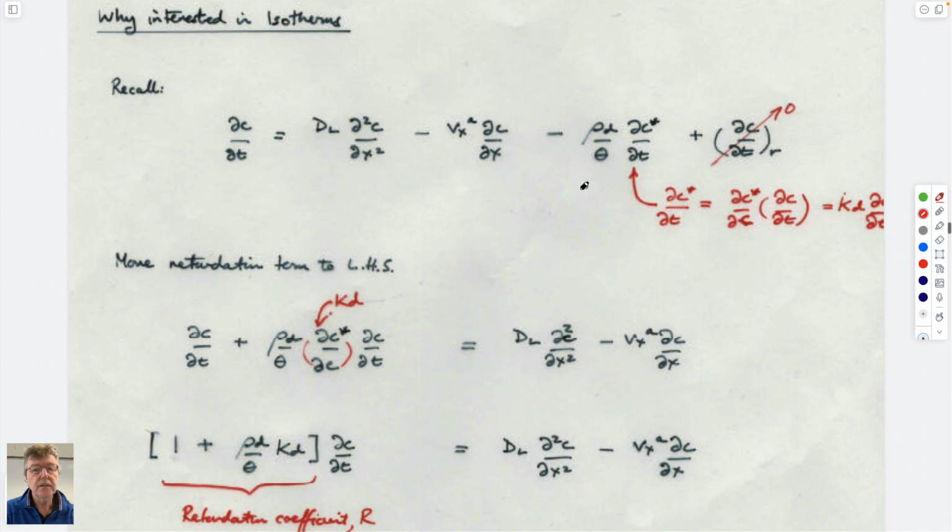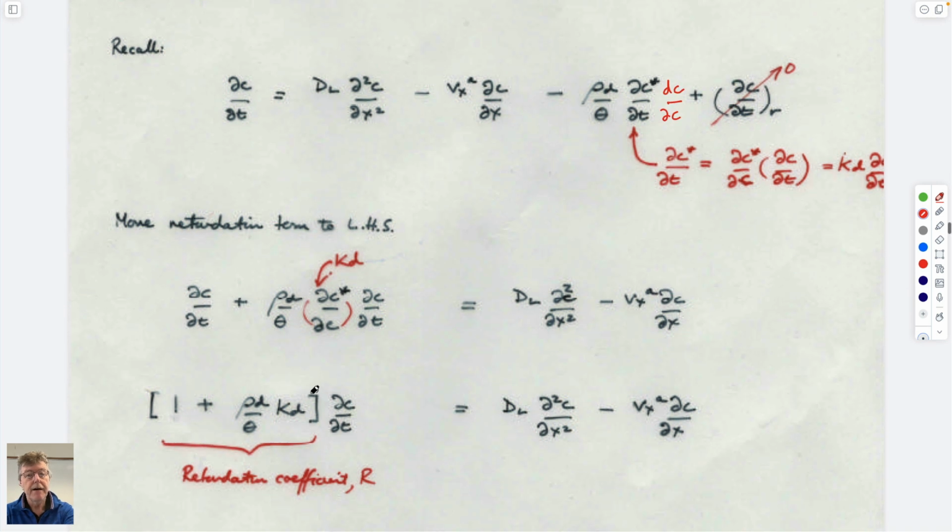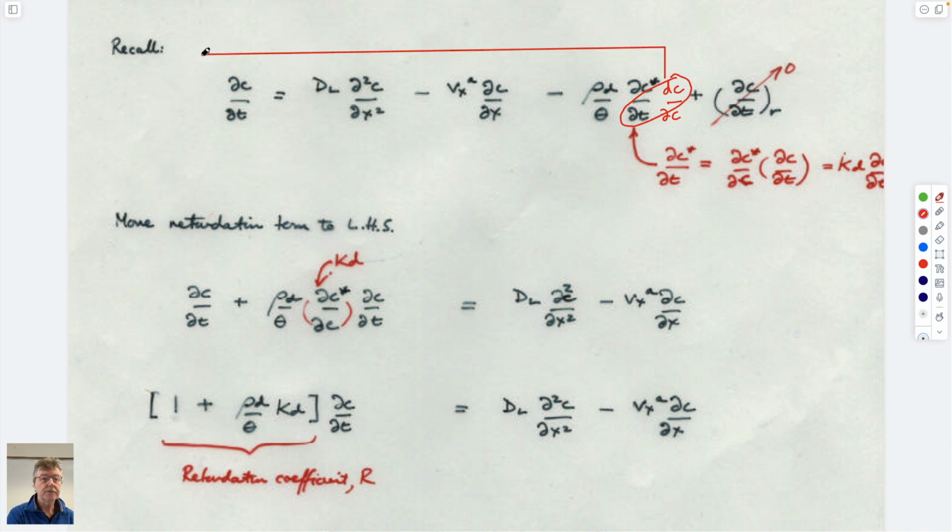So our interest in doing this is we'll ignore this. We'll take this term here, we'll multiply both top and bottom by partial dC, right? And so that we get this. And if we do that, then all of a sudden this is written in terms of this. And so we can move this term by subtracting it off to the left-hand side. That's what we're doing here.